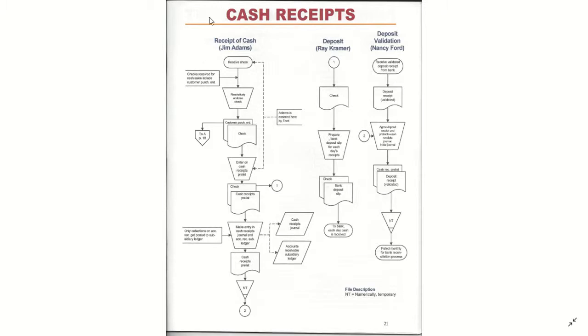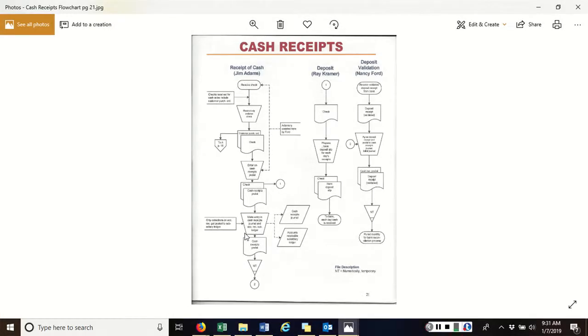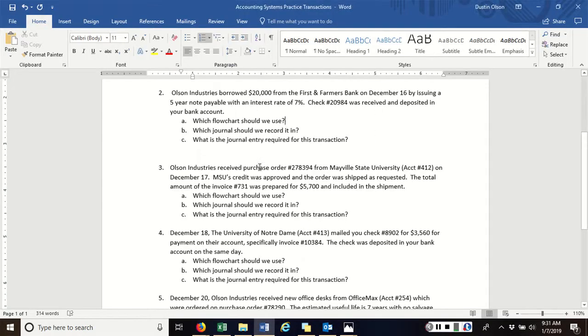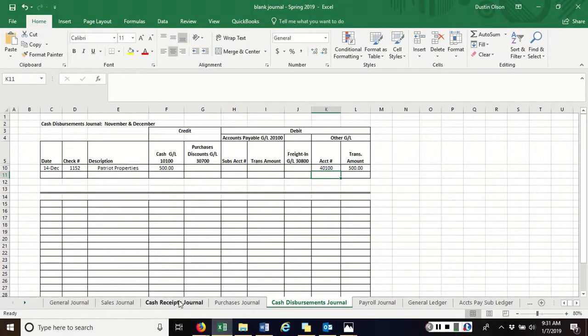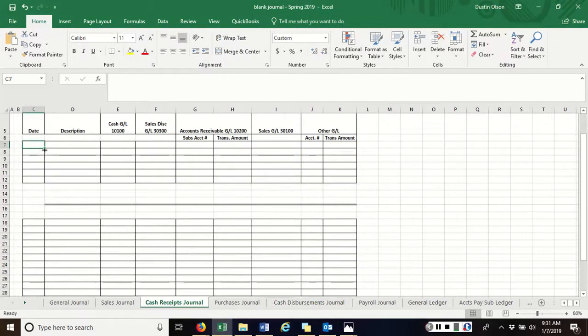So once again, the cash receipts flowchart matches making the entry in the cash receipts journal. So once again, we record the date. The description, we'll put in who we're doing business with.